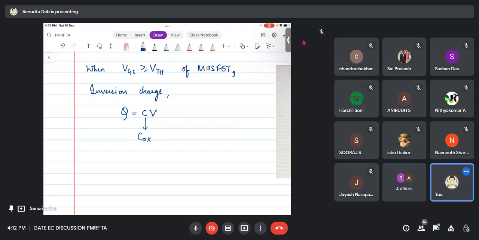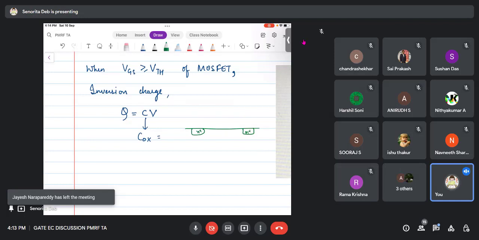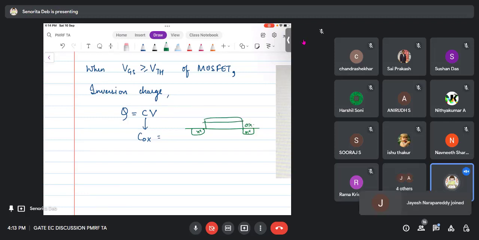So I should have shown you that. Let me just make a quick diagram here. If your MOSFET is like this, then in the depletion region, and you have this gate like this, right? So the gate is here and this oxide is here, and there is some voltage here, and then this depletion region is formed.